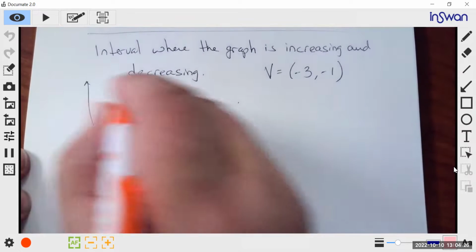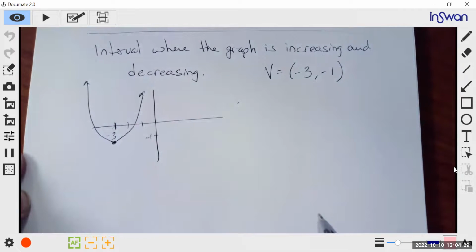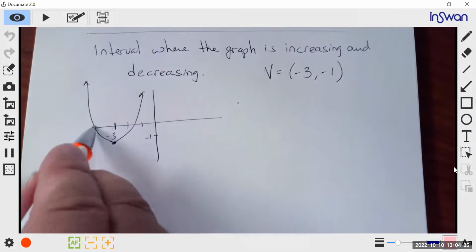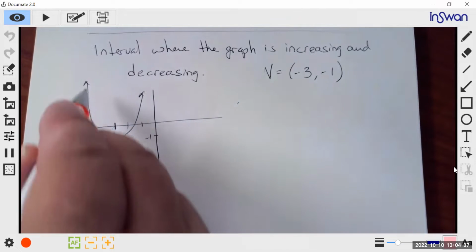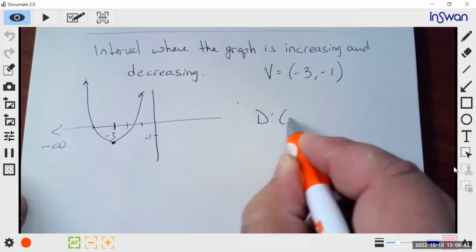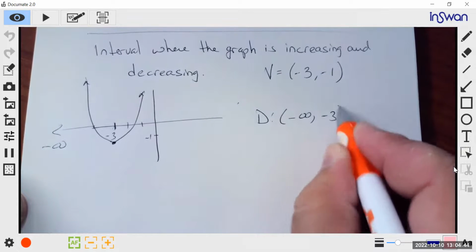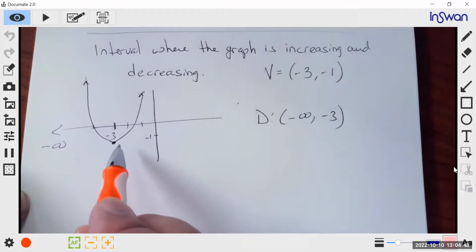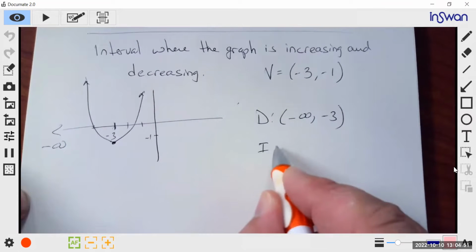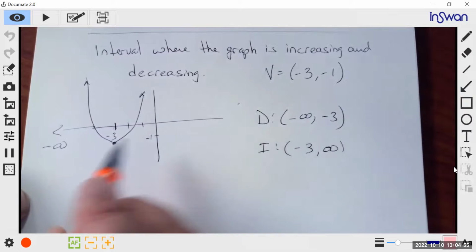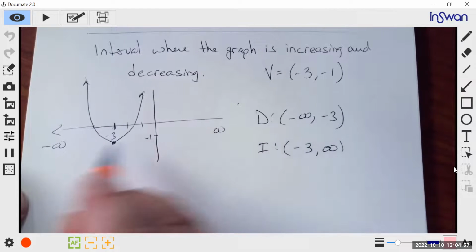Well, it goes on to infinity. So where is it decreasing? It's decreasing from -infinity to -3. That whole side of the graph is going down. Where is it increasing? From -3 to infinity, it's always going up.